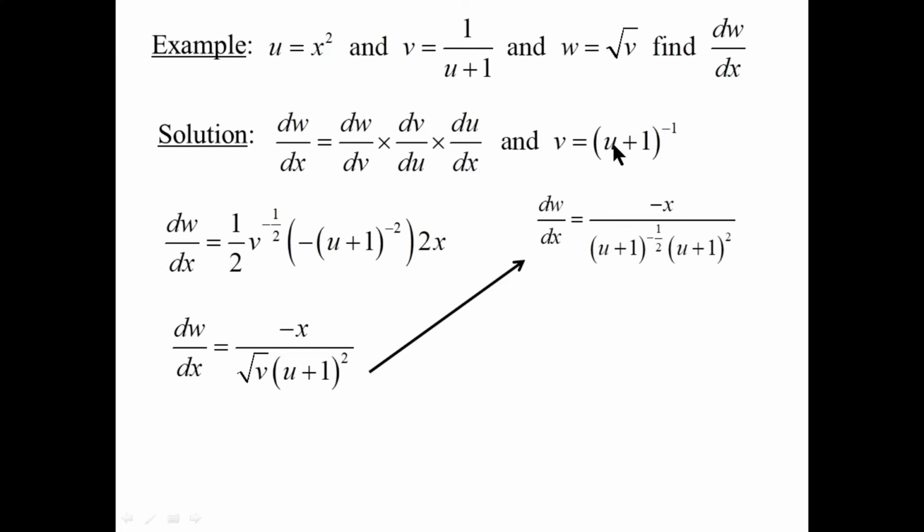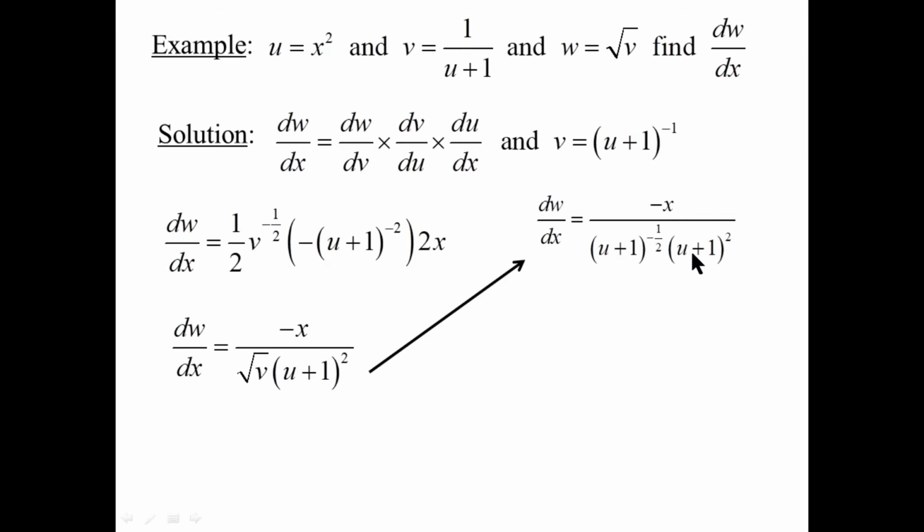Well, root v will be this to the 1/2 because this says root v. Root of this is this expression to the 1/2, which is u plus 1 to the negative 1, but to the 1/2, so u plus 1 to the negative 1/2. And the numerator I copied, and the rest of the denominator I simply copied.